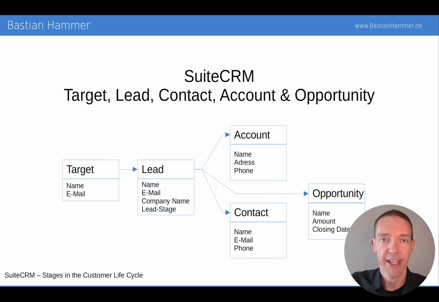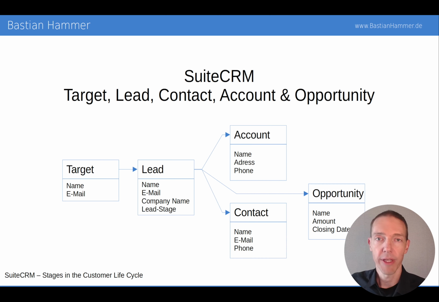From the sales perspective now, you can convert this lead into the 3 next modules or data records. One will be an account. The account will reflect the company, like a company name, maybe a business address. And inside this account, there are maybe one or several contacts who are working there.